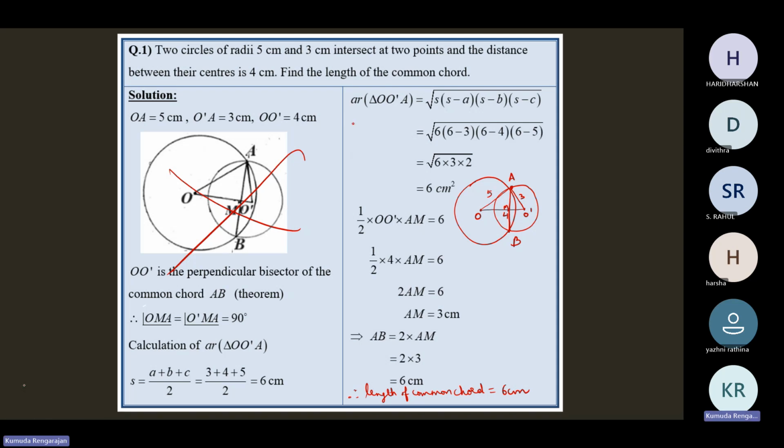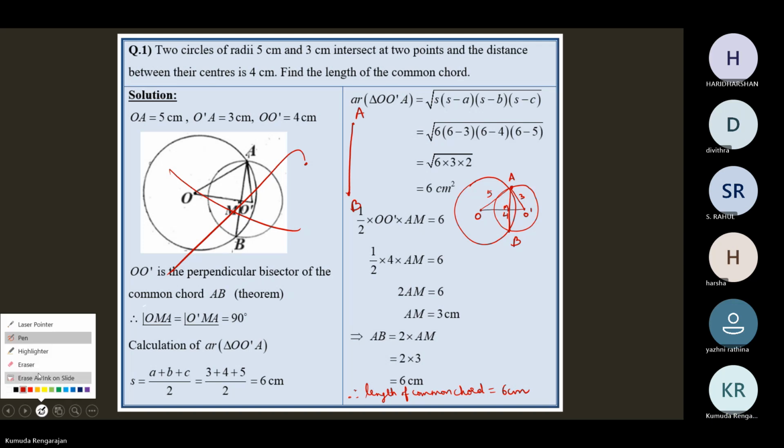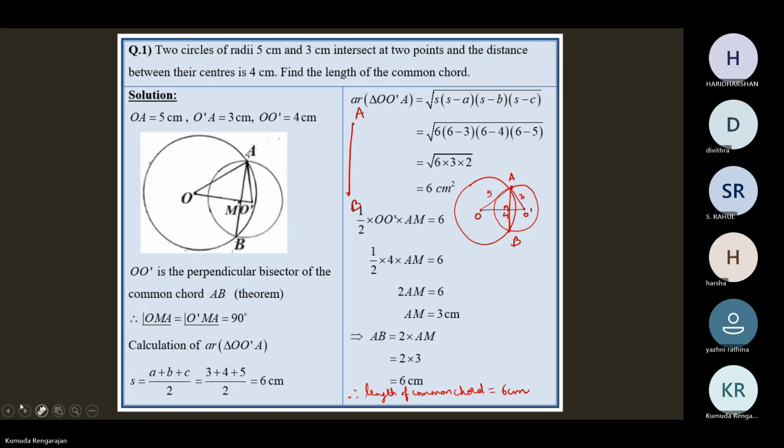So say this is the common chord AB. This is O. And say this is O dash, the line segment joining the centers.